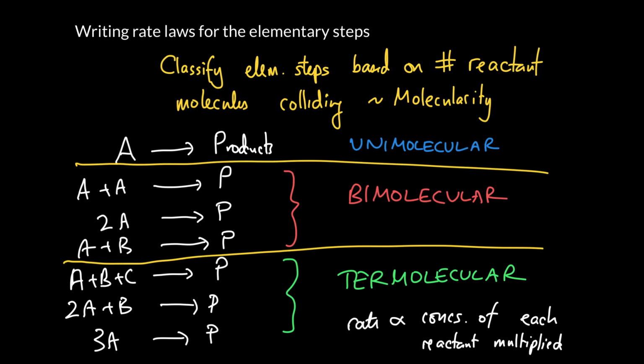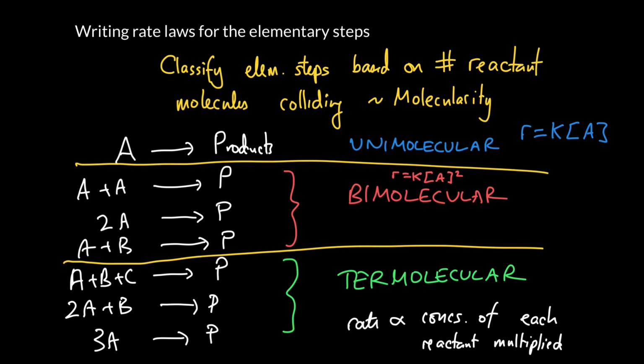Well, if I look at the unimolecular reaction at the top, I can say the rate of this reaction, I'll just write R for short, is equal to k times the concentration of A. I said it's proportional to, and the proportionality constant is the rate constant. Now, if I look at the bimolecular reactions, the rate is proportional to the product of all the concentrations. If I've got an A and another A, that's A times A, or A squared. So the rate is going to be k times A squared, and the proportionality constant is my rate constant.